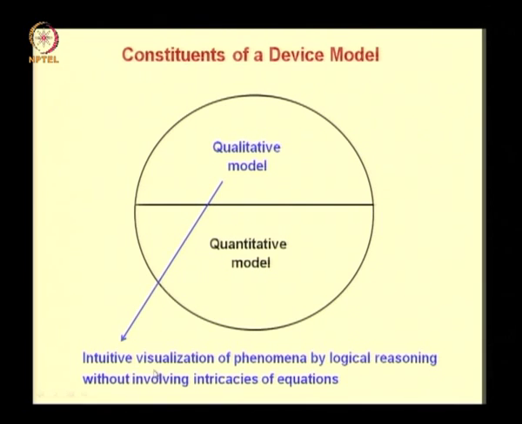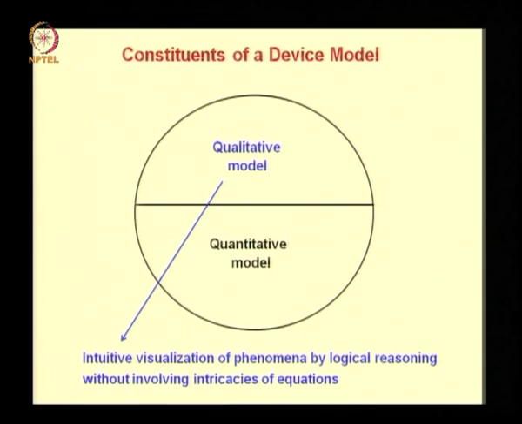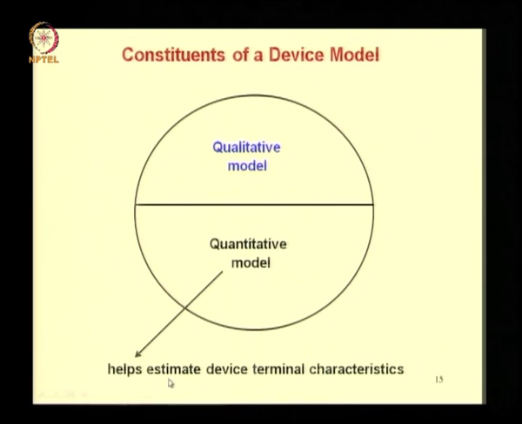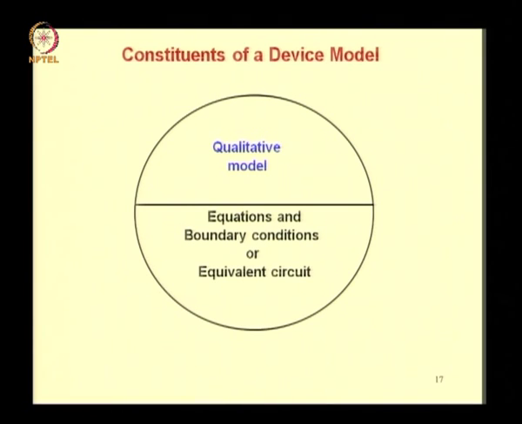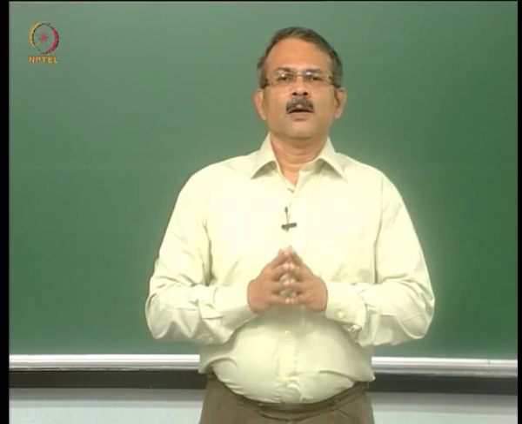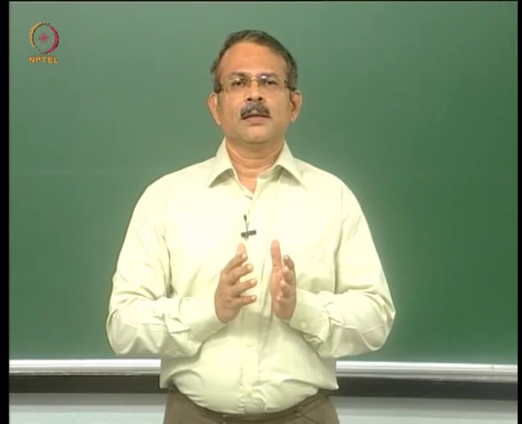The qualitative model is intuitive visualization of phenomena by logical reasoning without involving intricacies of the equations. On the other hand, the quantitative model, which is the face of the model, helps us estimate device terminal characteristics. The quantitative model could be in the form of equations and boundary conditions, or equivalent circuit, or diagram or a table. Here we are including graphs also in diagrams.